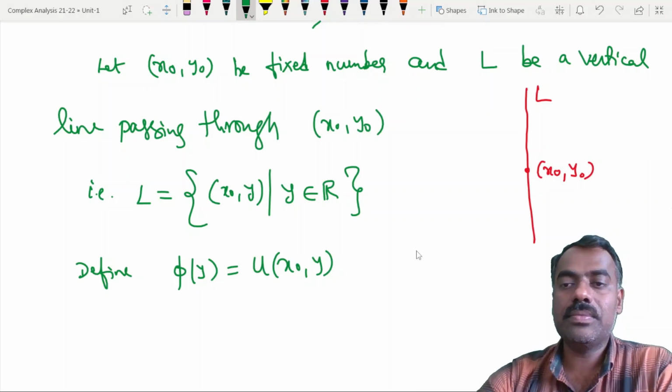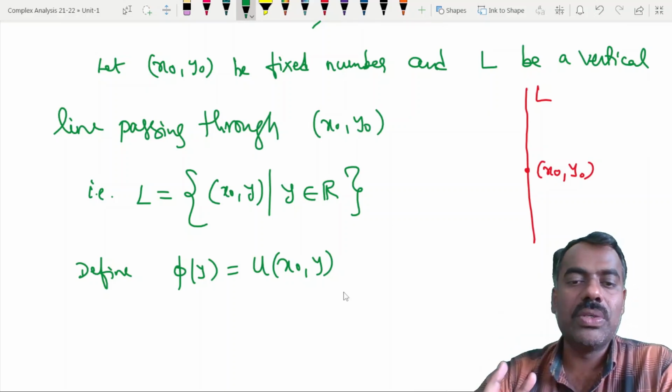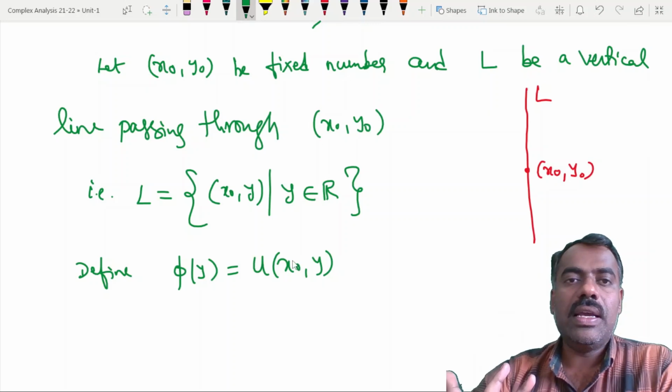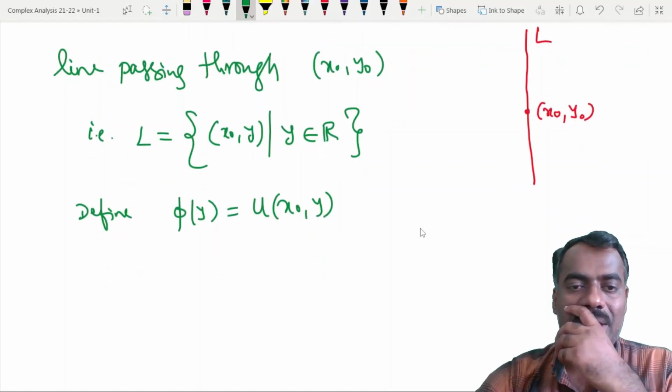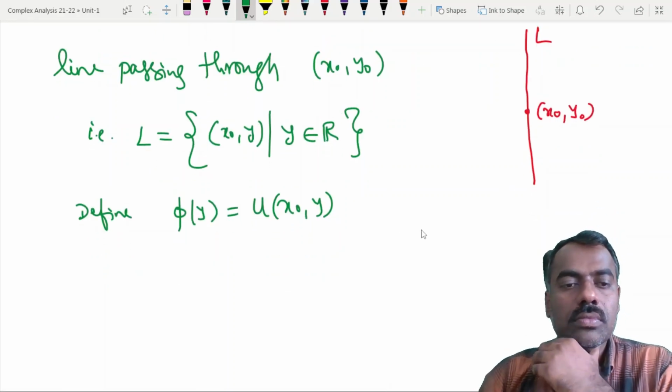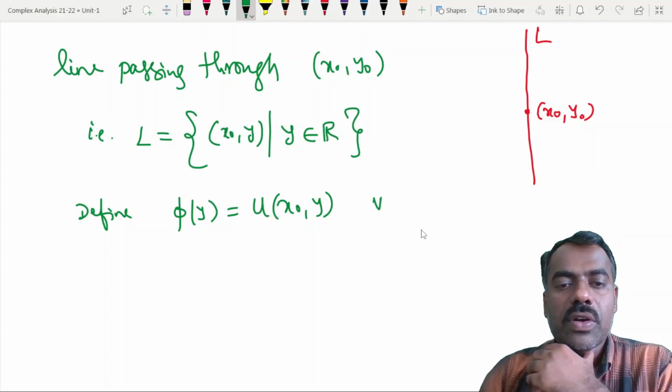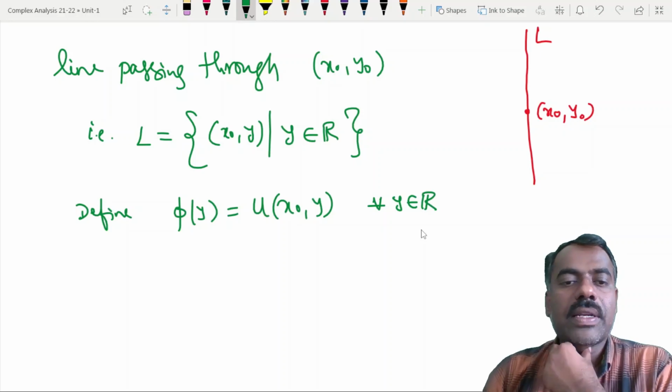For example, phi of 0 is u evaluated at x naught comma 0. Phi of any real number, say root 2, is u of x naught comma root 2, for all y belongs to R.